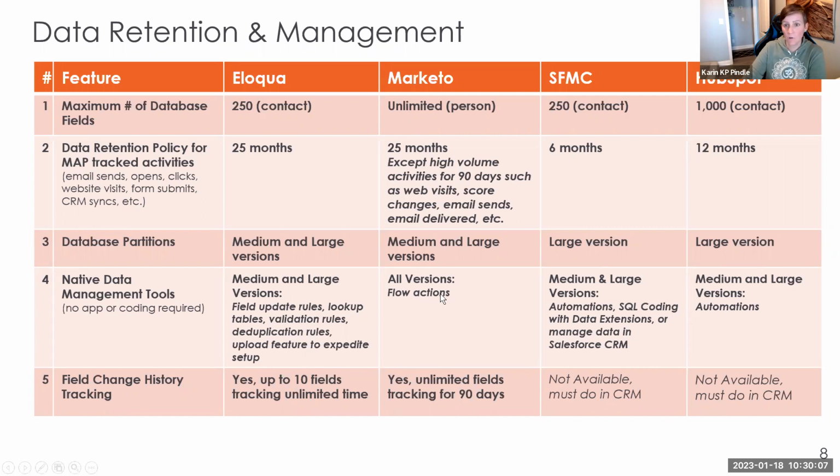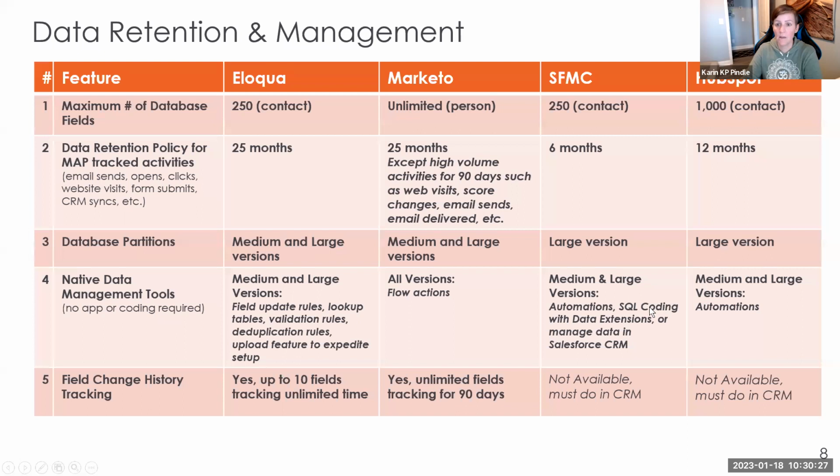Marketo has flow actions. So just side-by-side comparison to Eloqua, they have fewer data management tools. For those of you who know Eloqua or Marketo, flow actions are similar to Eloqua's field update rules. And then Salesforce Marketing Cloud has automations to help clean the data to an extent.